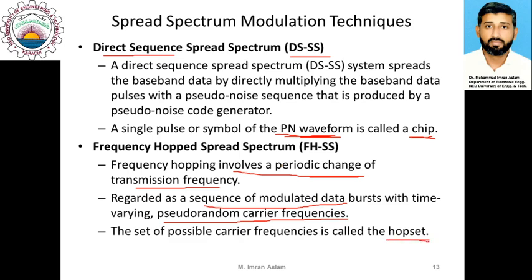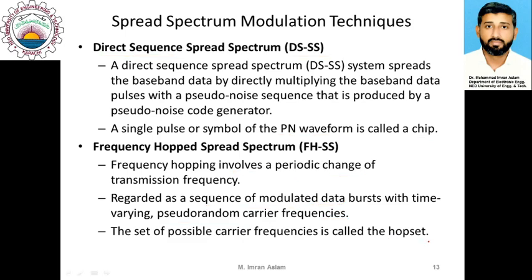So the frequencies that are used in any FHSS scheme are named the hop set. Okay. So this was an introduction to spread spectrum modulation technique, which has now become very popular because of the properties that we discussed in the previous slide.